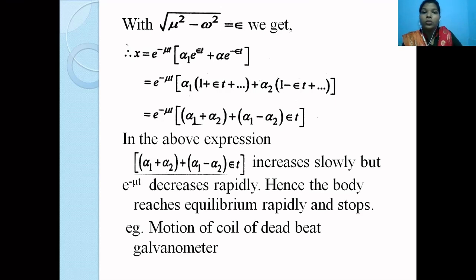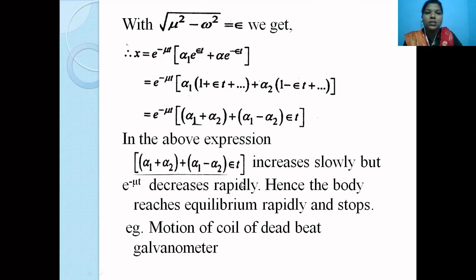That is going to be the case here, because we have minus of mu t which is decreasing rapidly. So instead of reducing exponentially, it will directly reduce to zero. This kind of motion is observed in the coil of a deadbeat galvanometer. Instead of oscillating, it will go to zero directly.